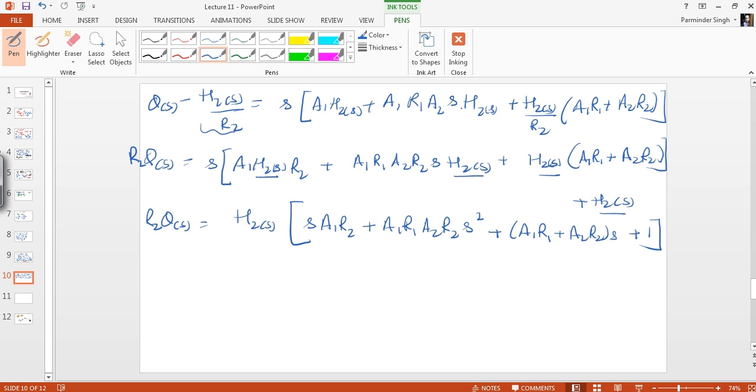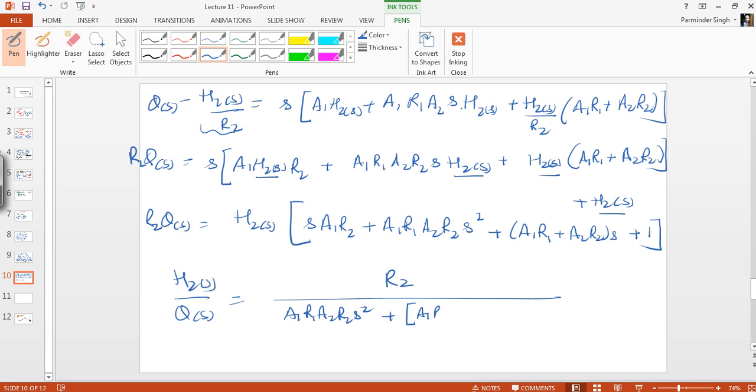Clear? So now what will be H2S by QS? This is nothing but R2 over A1 R1 A2 R2 S square, plus A1 R1 plus A2 R2 plus A1 R2 S plus 1.